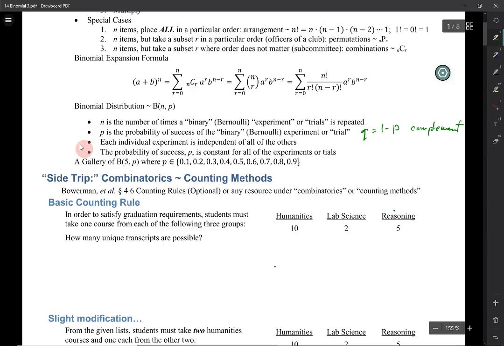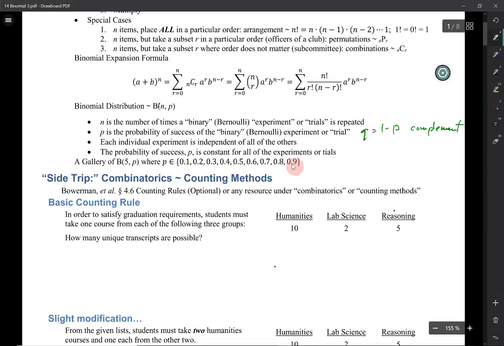And then each individual experiment is independent of all the others, and the probability of success is a constant for all of the experiments or trials, right? And so we can look at maybe this little gallery of probability mass function and cumulative distribution function.